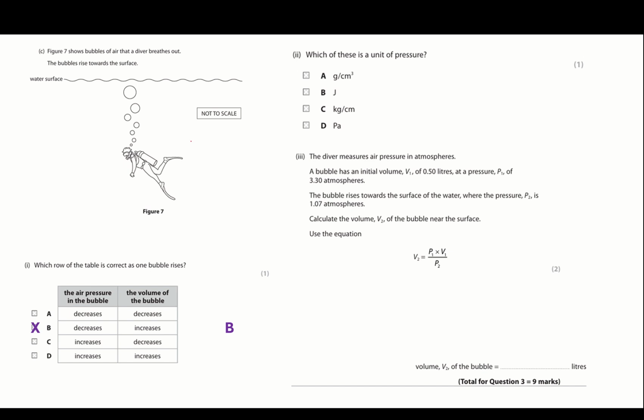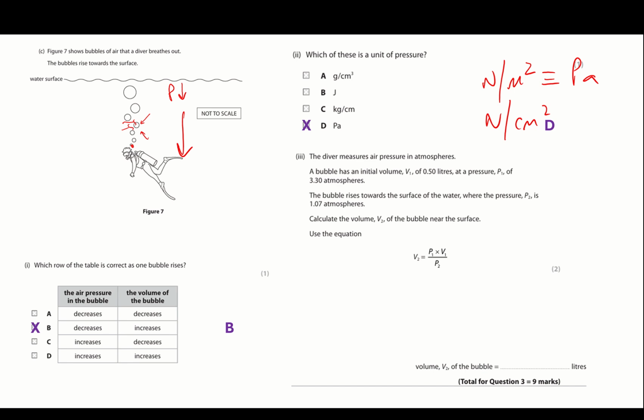We know that there's more pressure as we go deeper into the water, and that water is going to put a pressure on the air inside the bubble, and here they're smaller, and then the volume gets larger because there's less pressure higher up. So B. Which of these is the unit for pressure? We know that's newtons per meter squared, newtons per centimeter squared, and newtons per meter squared is equivalent to a pascal. So we're looking for that, and that is D.